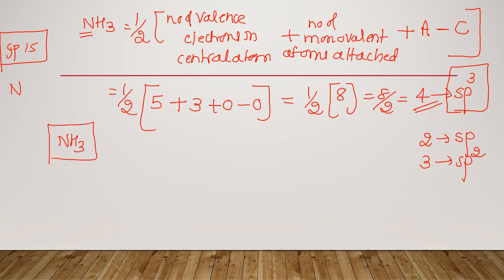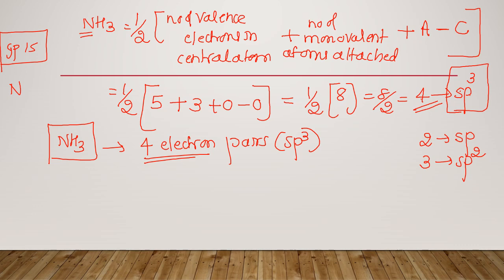So based on the hybridization, we can conclude that there are four electron pairs. Since hybridization is sp3, there are 4 hybrid orbitals. Therefore, the number of total electron pairs is 4.